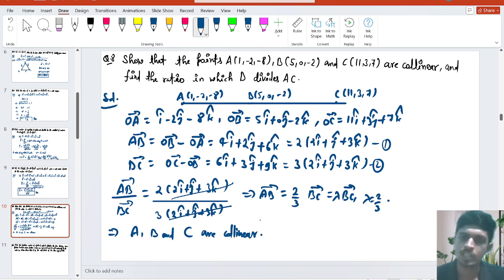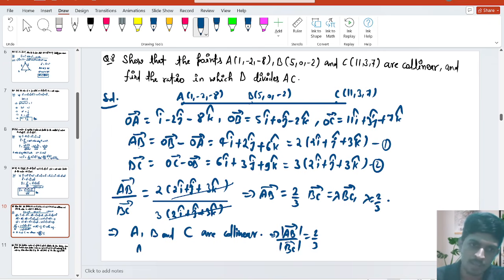I hope it is clear to you. And we need to find the ratio in which B divides AC. So here is the point B. So we need to find AB by BC. Modulus of AB to modulus of vector BC: vector AB upon vector BC is equal to 2 by 3, which means its modulus is 2 by 3 here.